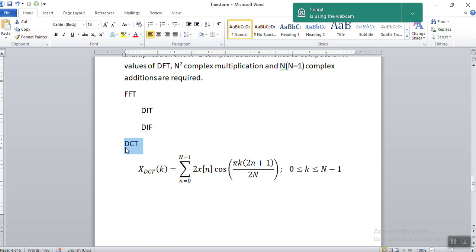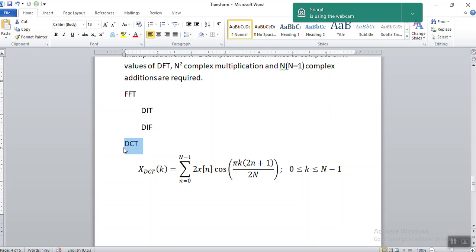This DCT is widely used in applications like image processing, image compression, video processing, video compression, and also audio applications, basically for compression. The DCT has been selected as a significant part of various international standards like JPEG, Joint Photographic Experts Group, and MPEG, H261, H263; these are compression techniques.